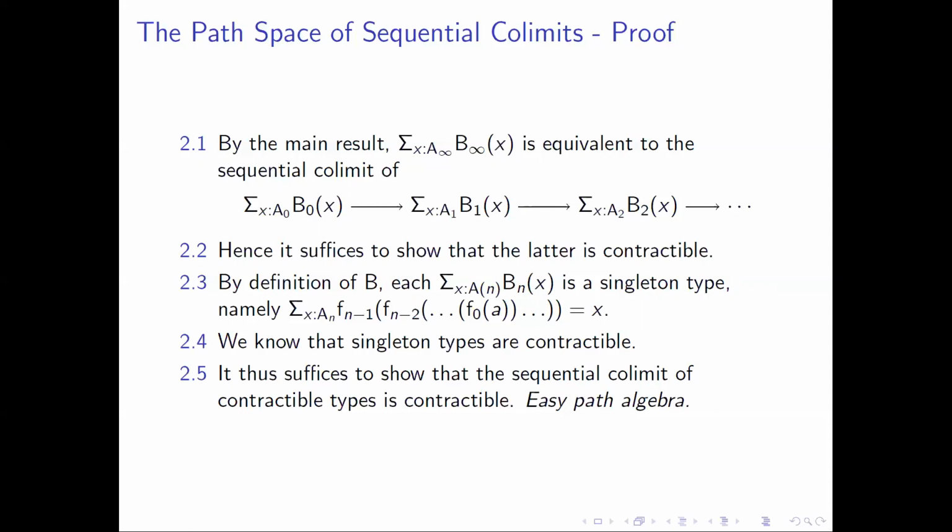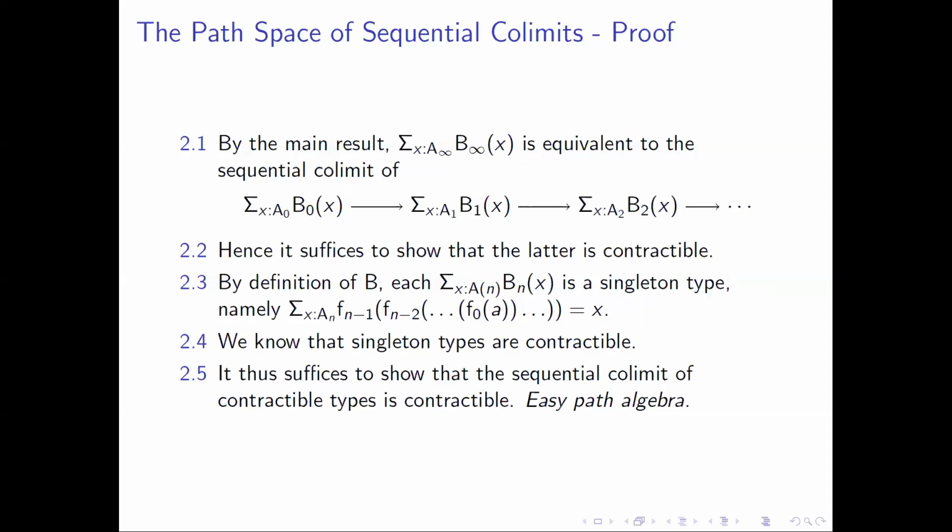Well, again, by our very clever definition of B, each of these types that occur in the diagram up there is a singleton type, which means that it's contractible by our observation from slide number 4, maybe. And then we're down to showing that the sequential colimit of contractible types is contractible, which is, again, fortunately true and very easy to prove.